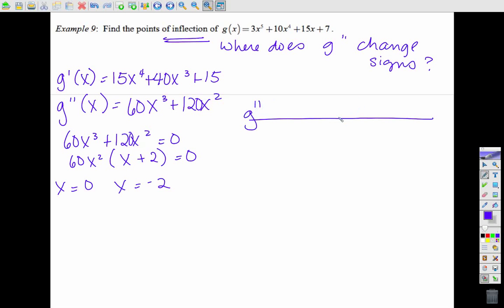All right, so I need to make my sign chart. This is my second derivative sign chart. I got negative 2 and 0. Many ways you can do this.